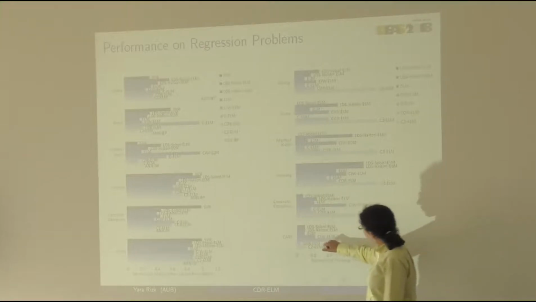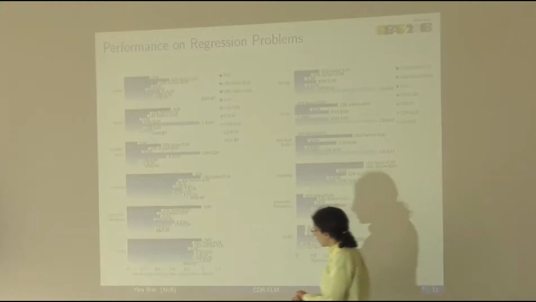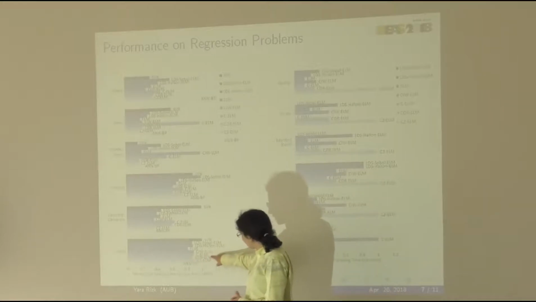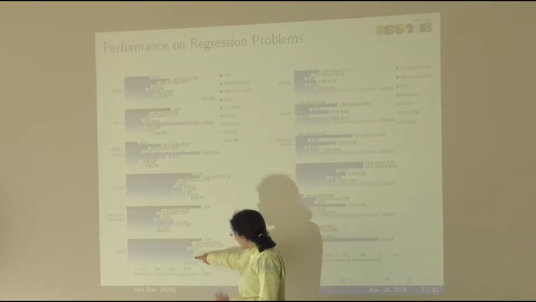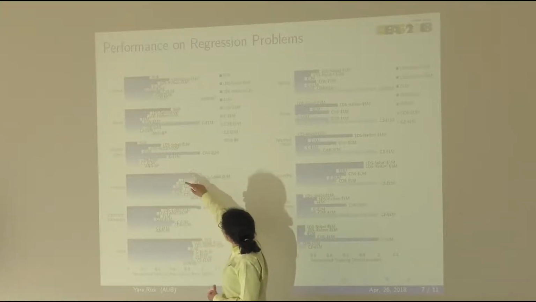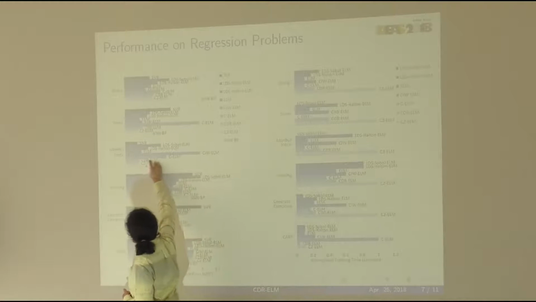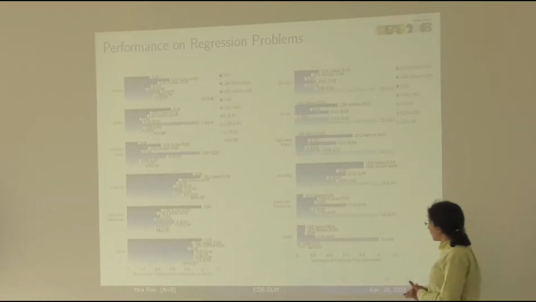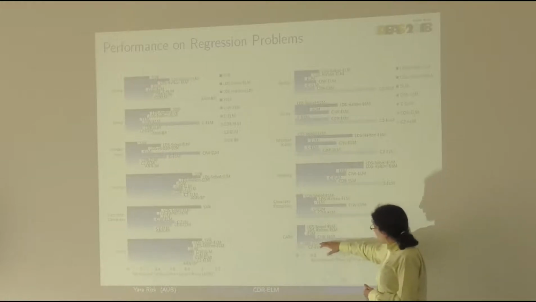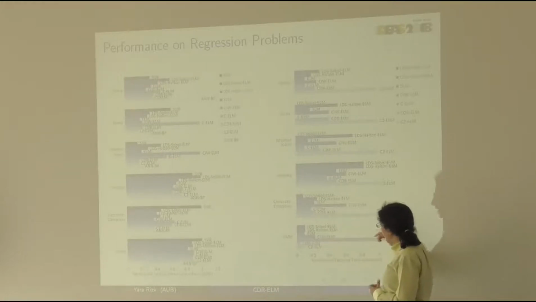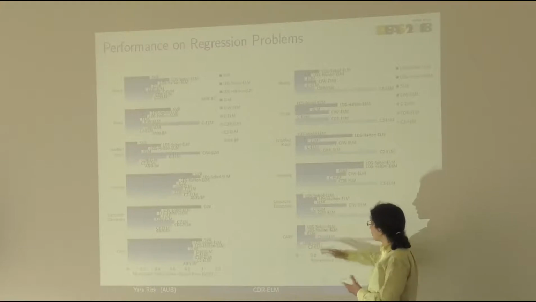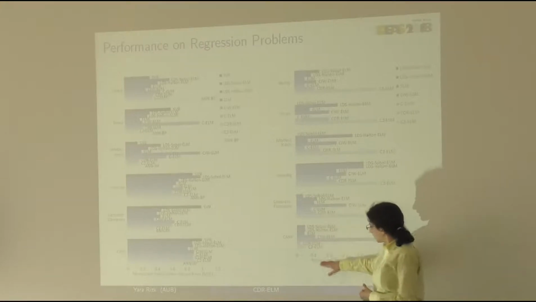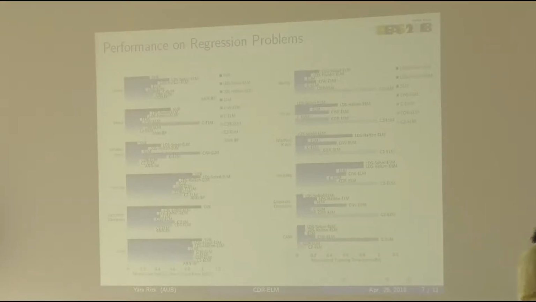If we look at the CDR ELM, for this case, it's not the best performing, but it's not the worst performing either. And maybe for this one, it's side by side with the best performing algorithm. And when you consider training time, in some cases it's much faster than other algorithms, but it's definitely slower than traditional ELM. Its training time depends on how fast our clustering algorithm converges.